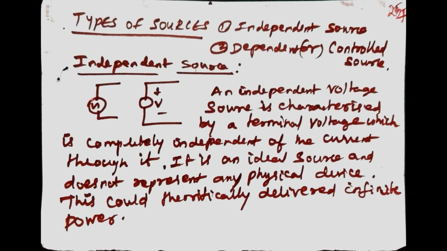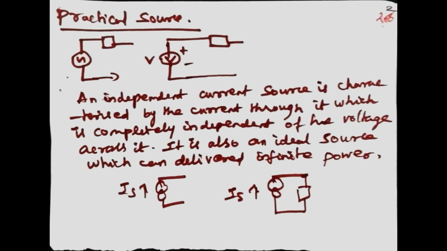The very important point is that the terminal voltage is completely independent of the current through it. That is an independent source. Practical sources are identified by the symbol shown in the notes. Plus minus V_S with the sign put in a round.